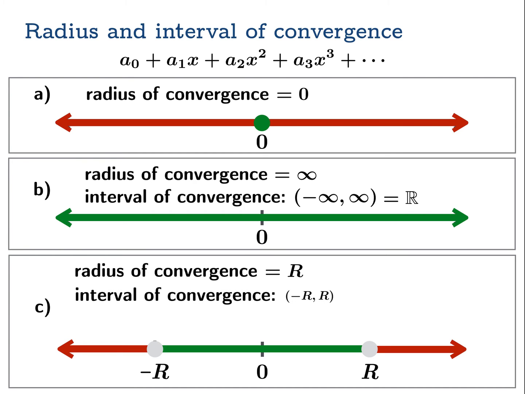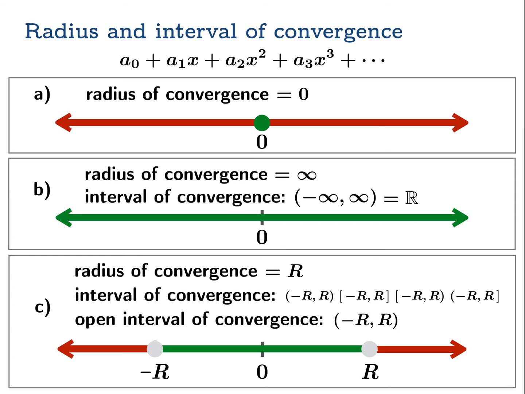The interval of convergence is one of 4 possibilities, depending on the convergence properties at the endpoints. We would also say the open interval of convergence is the open interval from negative r to r. Sometimes you don't really care about the endpoints, and you want to make a point about what happens strictly inside the interval, so we'll call that the open interval of convergence.